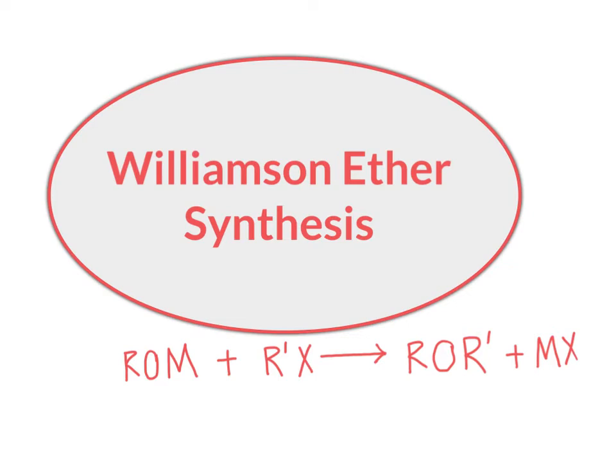In this reaction, what we are going to be doing is taking a metal alkoxide, the M here stands for metal, so it's a metal-oxygen bond there, an ionic bond, so the oxygen here is an anion, and that oxygen anion is highly nucleophilic.